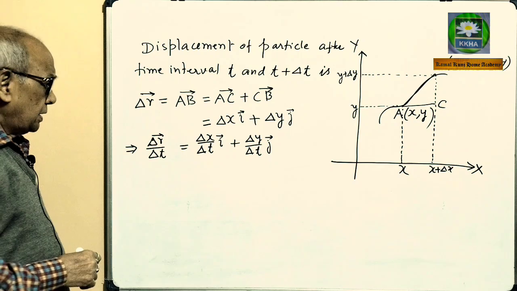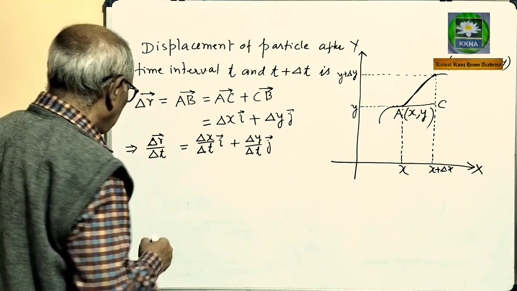Now take the limits as delta t tending to 0.